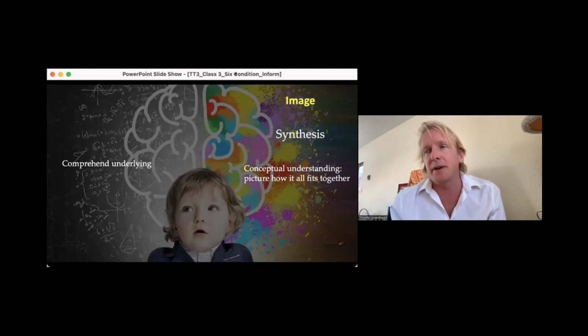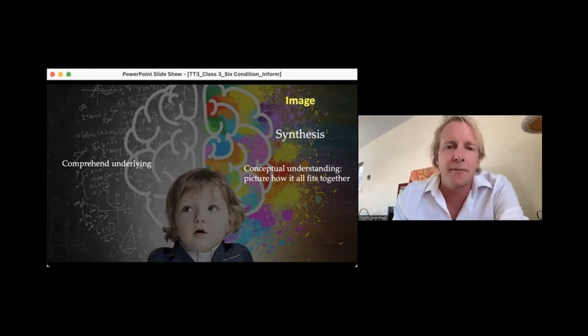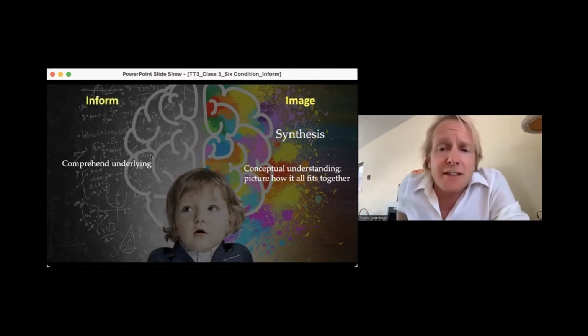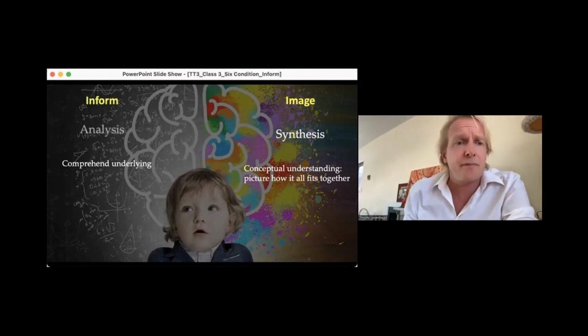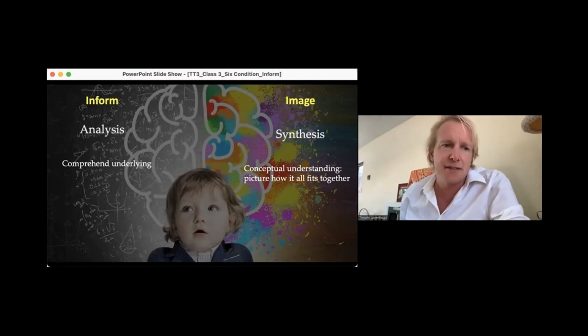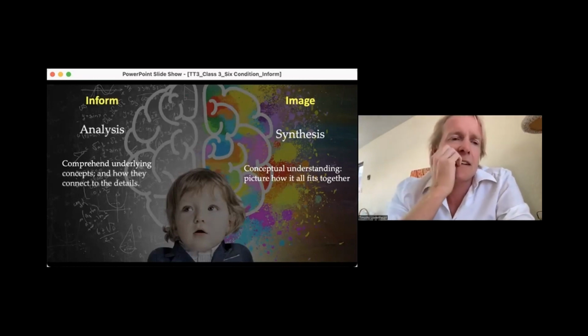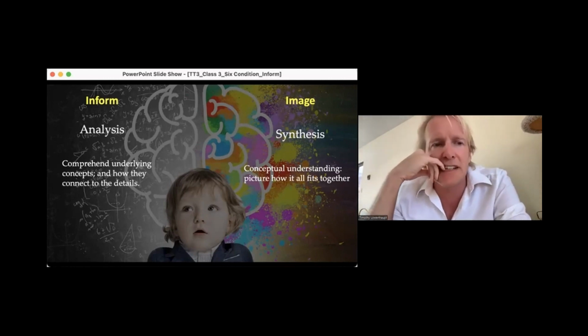You're creating this special teaching garden so that the content can fit into it, so that students can make correlations and understand it faster. The second section, Inform, is about the analysis. Okay. It's about how the students connect to all the details, how they understand, comprehend the underlying concepts.